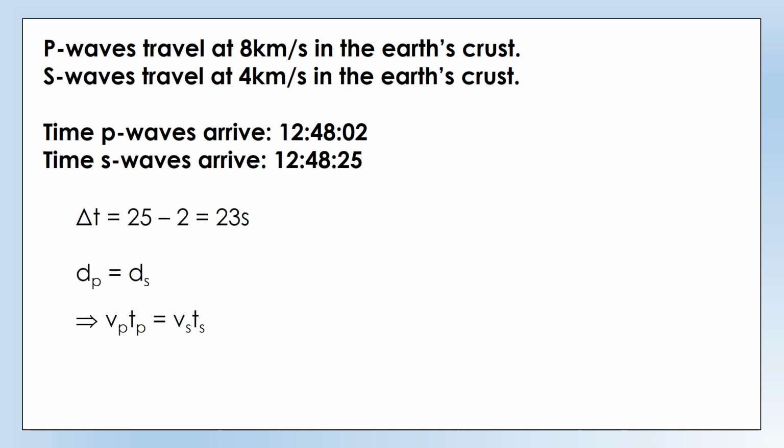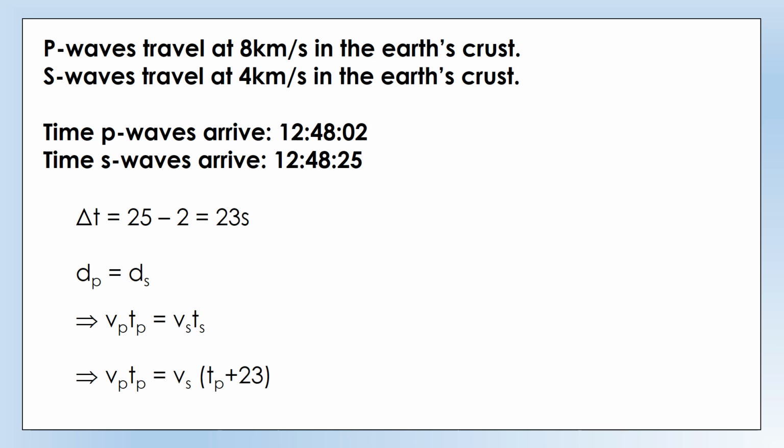So what we can do is use our average speed equation. If we know the distance the primary waves have travelled, we essentially know the speed times the time, the distance the primary waves have travelled. And the same thing for the secondary ones there. So we're just using speed equals distance over time here and rearranging it. Then what we can do is go, okay, well, we don't know what the primary time is, and we don't know what the secondary time is, but we know the secondary time is 23 seconds longer than the primary time.